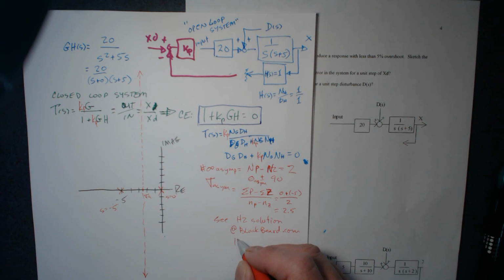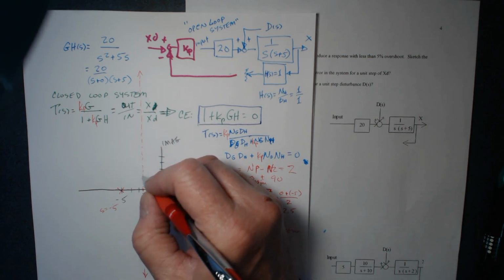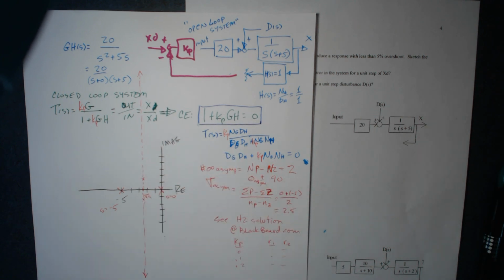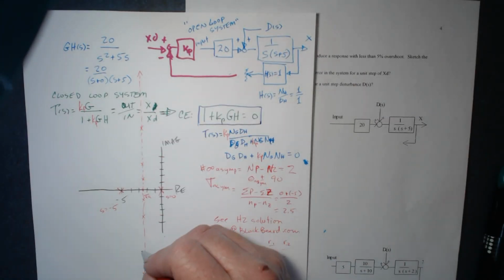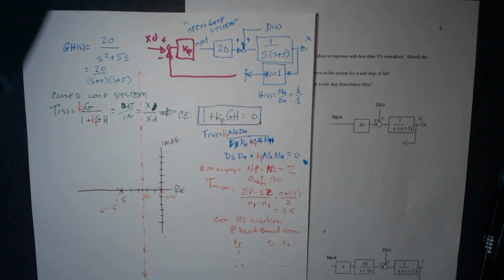In that one, I told you to do Kp, and then I had R1 and R2. I would write those down, and then 0, and then whatever those were at 0.1, and at 0.2. When we did it, we could see there was a pair of roots, and then another pair of roots, and they went up this line eventually. Also on the homework solution, we could see that the disturbance part went away as Kp got bigger and bigger.